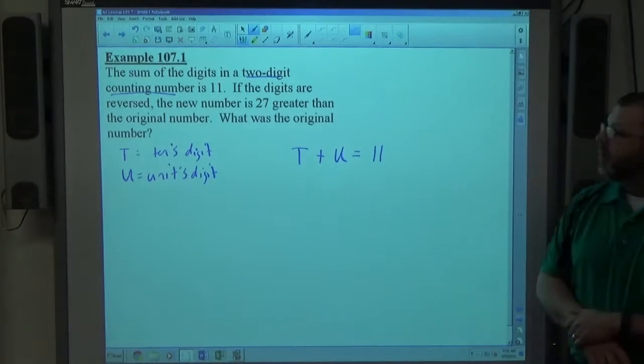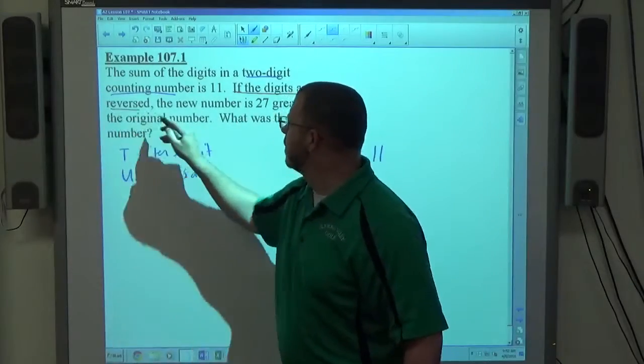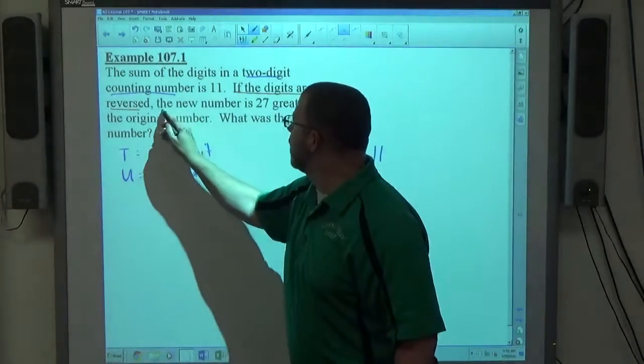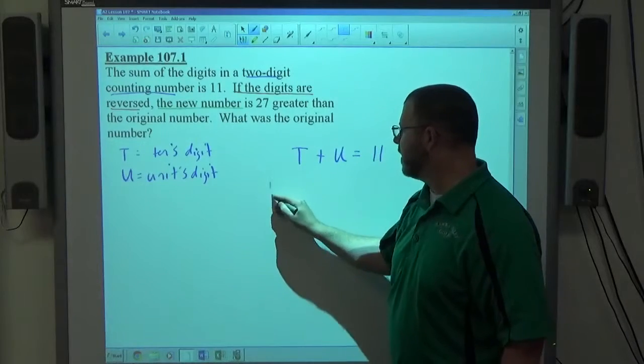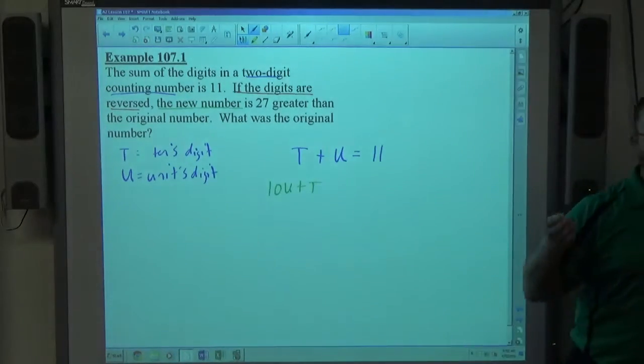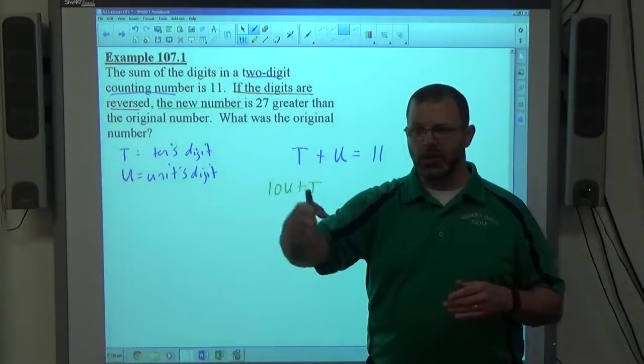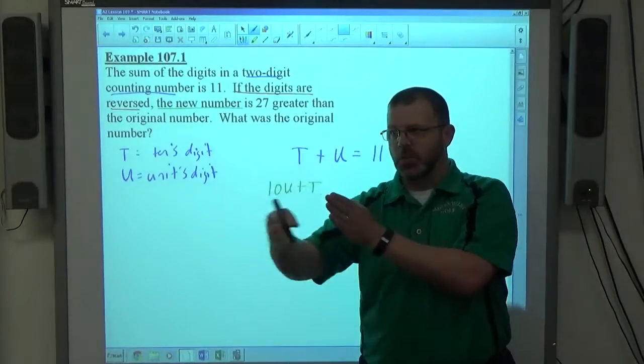All right. Second statement, if the digits are reversed, okay, so when it says the new number, that is 10u plus t. Because again, we've already established with our naming of our variables here, it's in the order tu, so if we reverse the digits now it's ut.